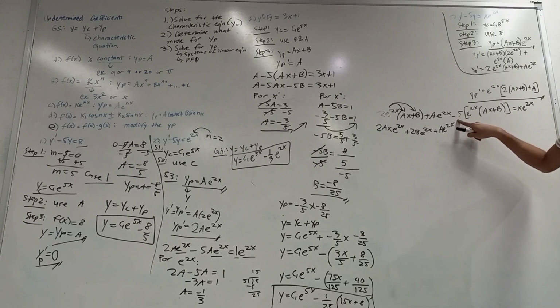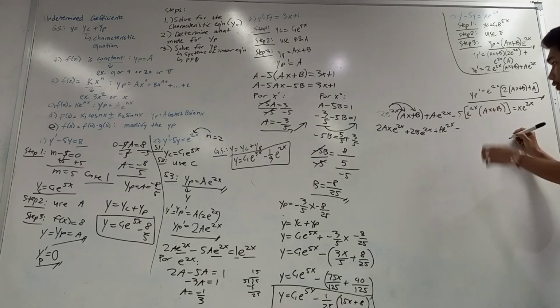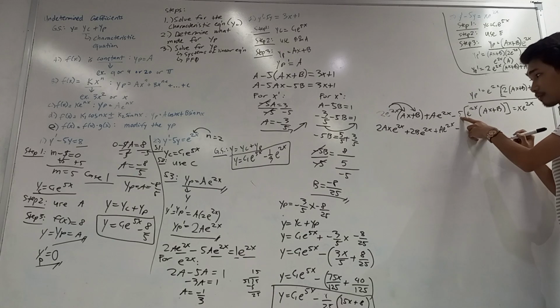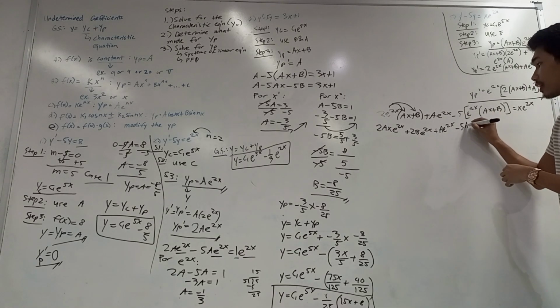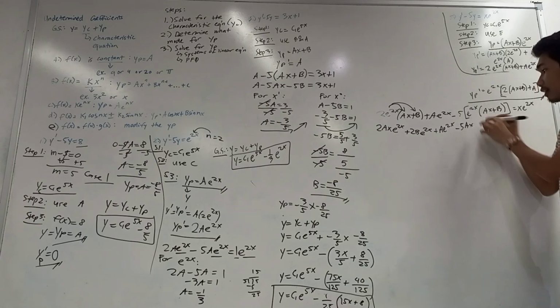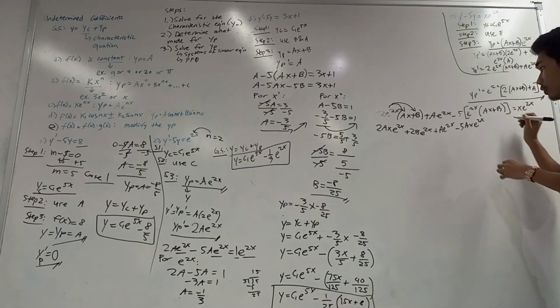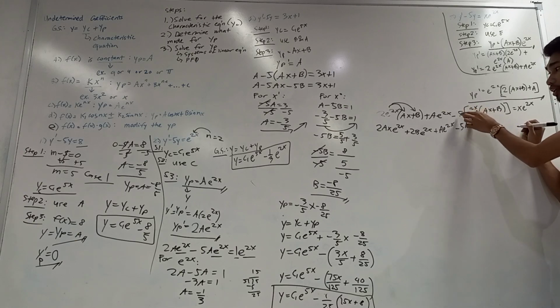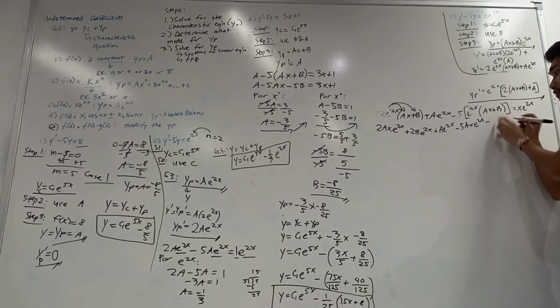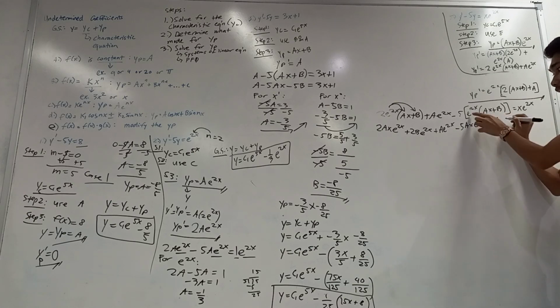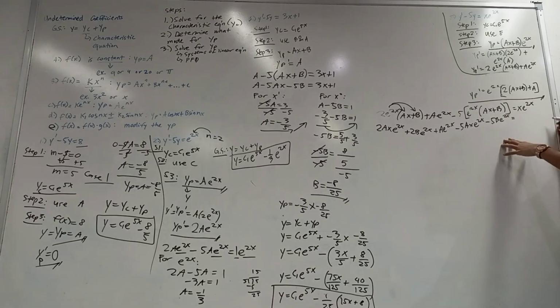And then ito na naman yung distribute natin. Minus 5 times ax, 5ax times e raised to 2x. And then ito na naman, i-distribute natin dito. Minus 5b e raised to 2x is equals to x e raised to 2x.